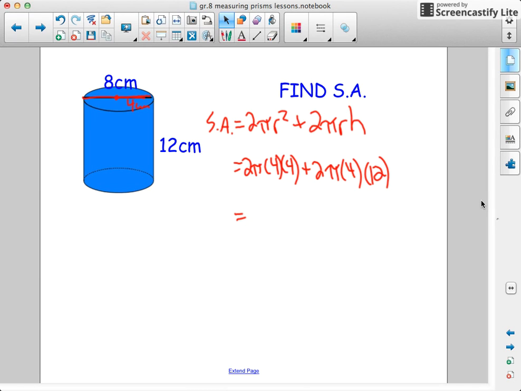That's my height. So 2 times pi times 4 times 4 is 100.53, plus 2 times pi times 4 times 12 is 301.59. Add those together and you get 402.12 centimeters squared.